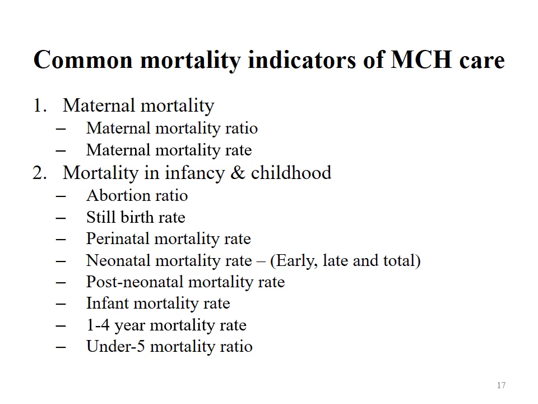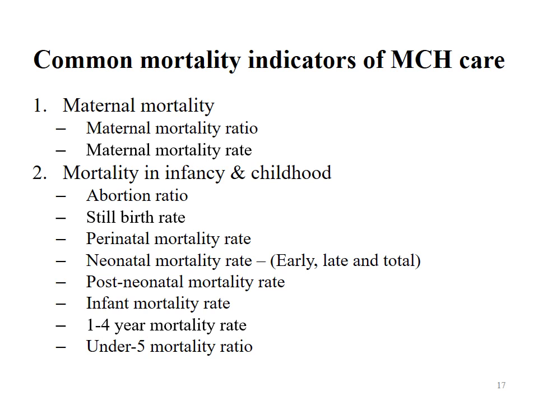First exception for the multiplication factor: for all the childhood mortalities it is 1000, but for the maternal mortalities the multiplication factor is 1 lakh. So that is the one difference.